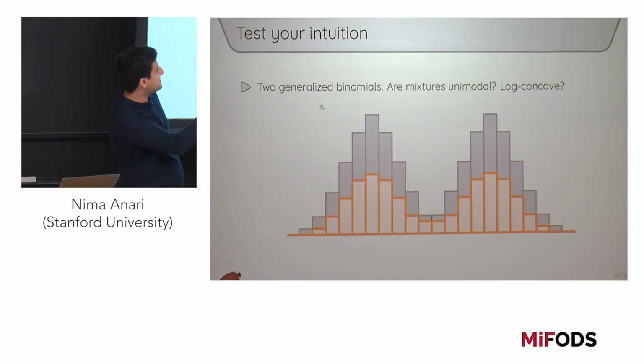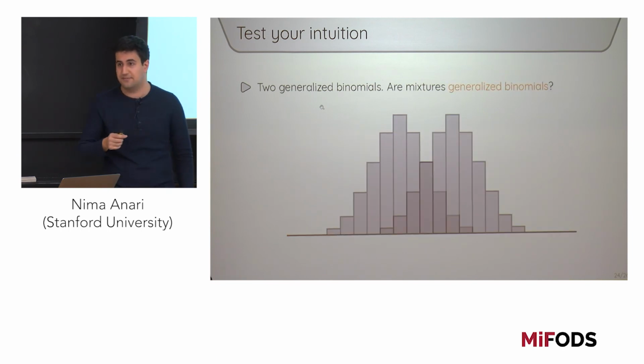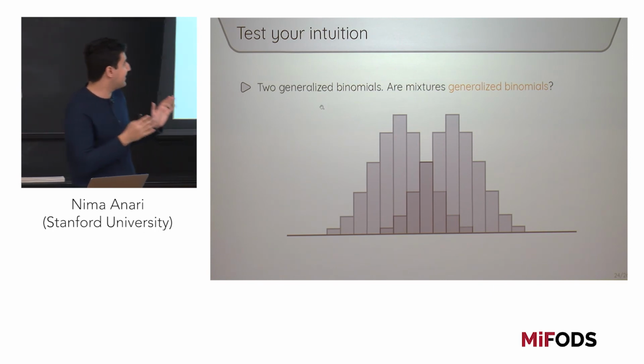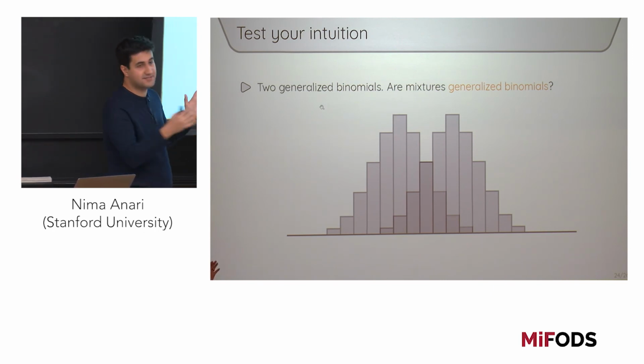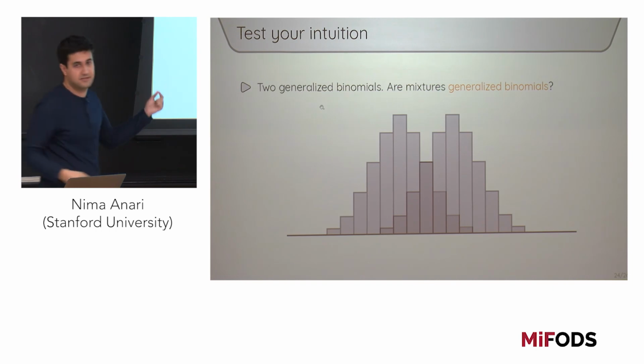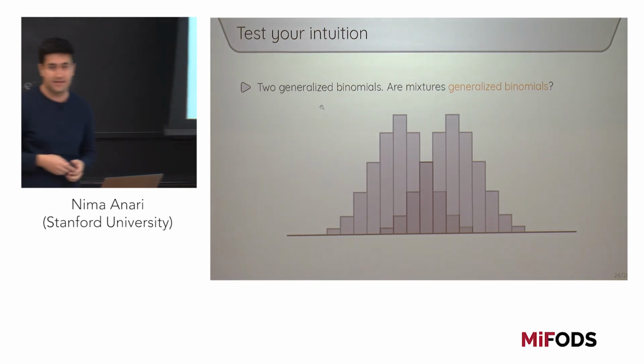Now, if you replace unimodality or log concavity with being a generalized binomial, I claim that you can have mixtures which are generalized binomials only when the expectations are off by at most a constant, not a constant times the standard deviation, but just an absolute constant. Okay, so this is the strange phenomenon that's happening here.